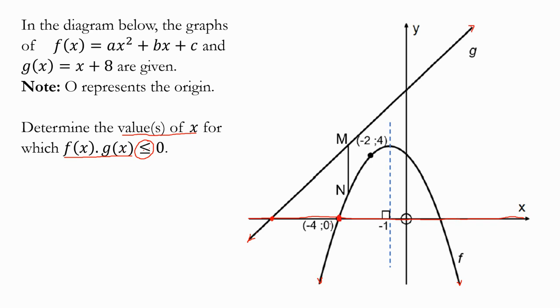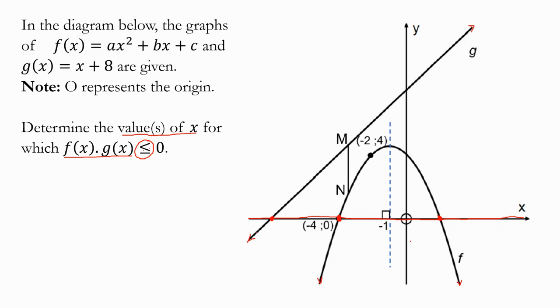If you move to the left, the graph is below the x-axis, so it is negative. But if you move to the right, it's above the x-axis, so it's positive up to this point. And then it changes again from positive to negative, because it is now below the x-axis. So the best thing I advise learners to do is to divide your graphs into regions.